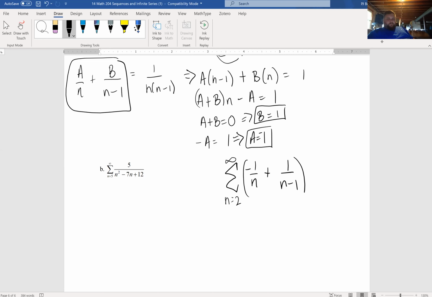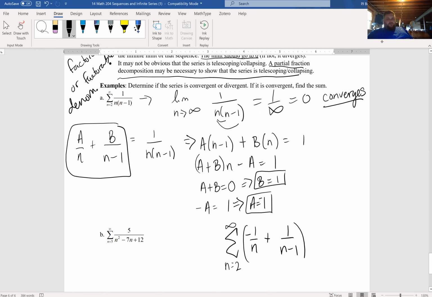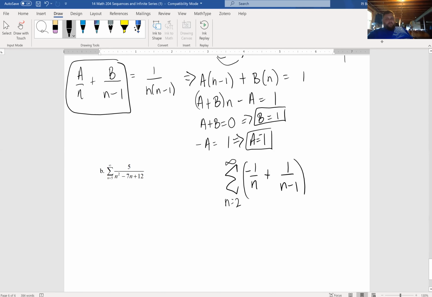So we've proven that it converges. We now have the decomposition of the telescoping series. So all we need to do now is start plugging in numbers and see what happens. So I'm going to let n equal 2.